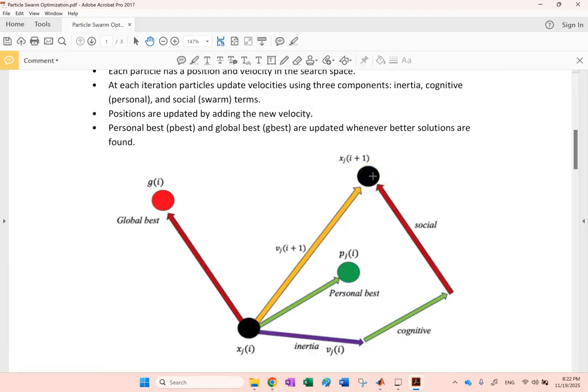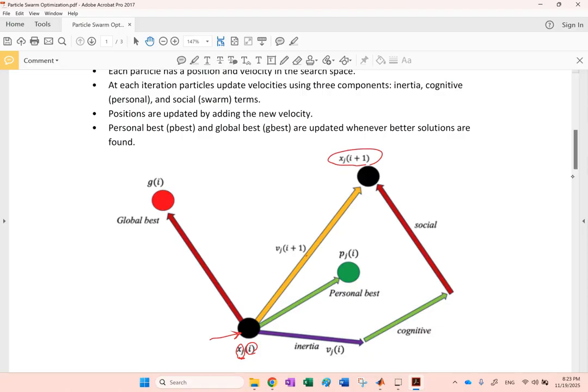So here, this is the position of particle j at iteration i, trying to find the global minimum. If this is where it is right now in the multi-dimensional space of search, and this is where it's going to go in the next iteration, how is this motion going from iteration i to i plus 1 going to happen?